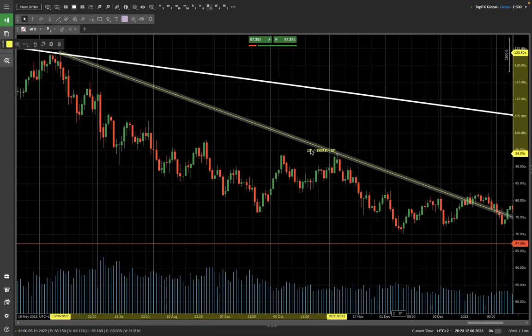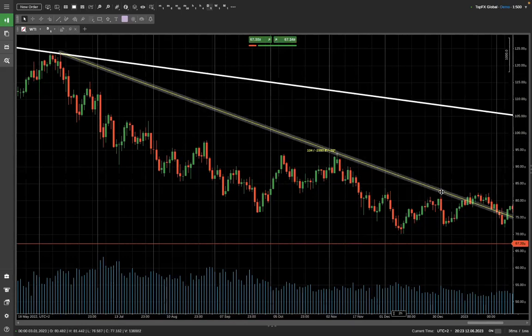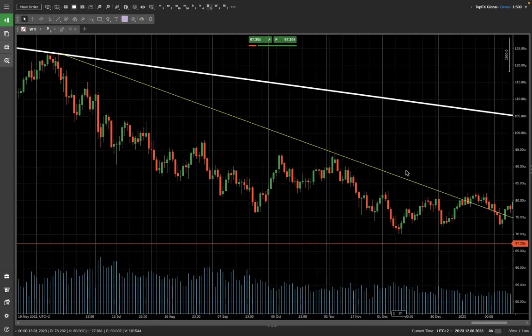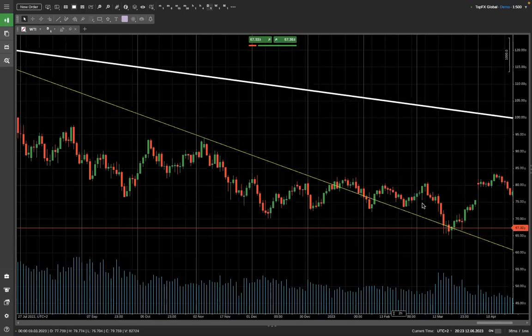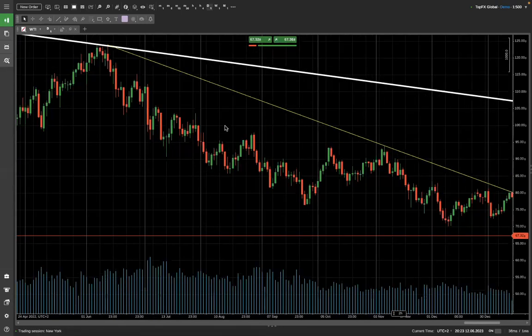So right now, this is the next important high. And as you can see, it almost hit here. Now we are moving around this line. So after this happens here, the market is not that serious about this trend line.